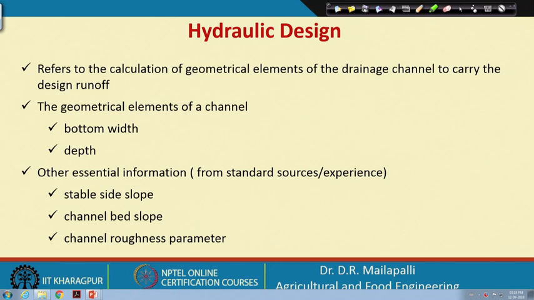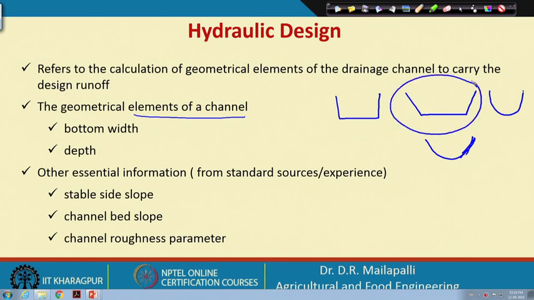These geometric elements are for open channels, which could be rectangular, trapezoidal, parabolic, or semicircular. All these different shapes are available, but mostly we will be focusing on trapezoidal channels here.